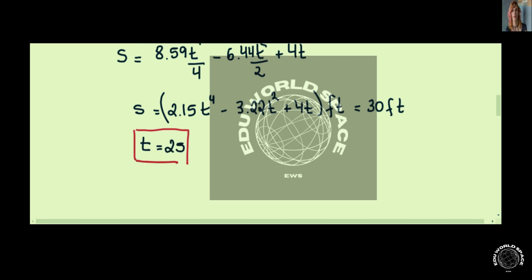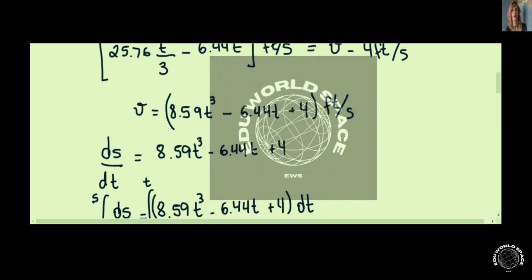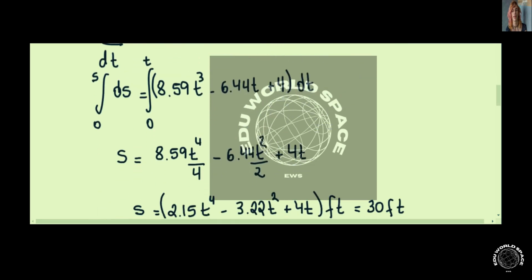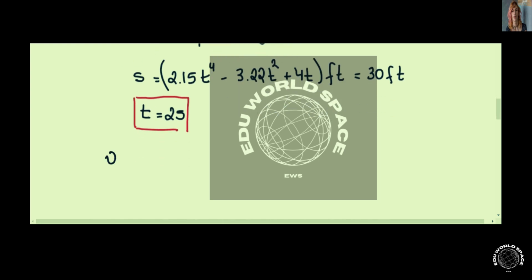Okay, now we can go back to the equation for the speed, this one here, and insert the time of 2 seconds here. We have that v is equal to 8.59 times 2 cubed minus 6.44 times 2 plus 4 feet per second.